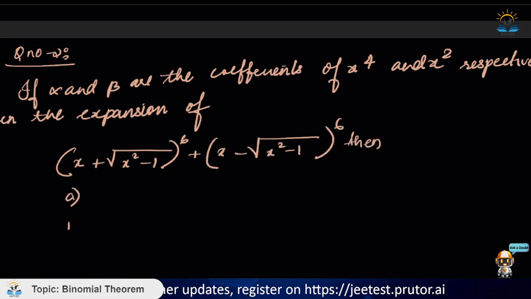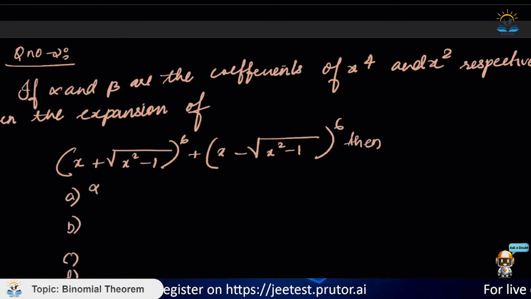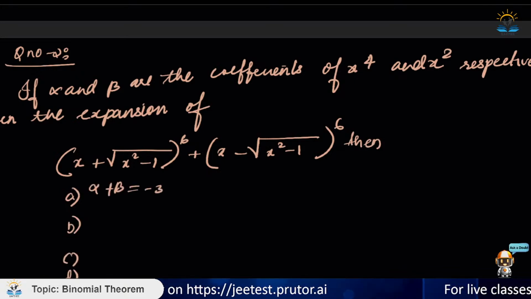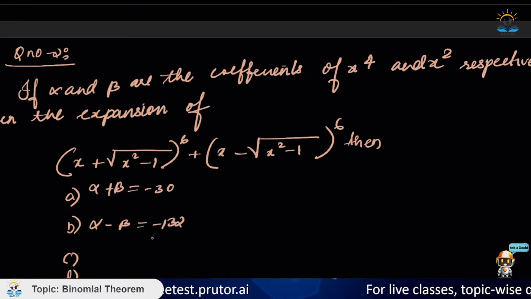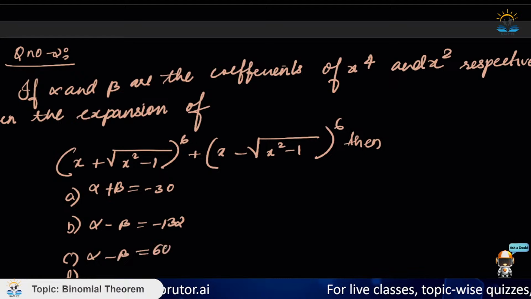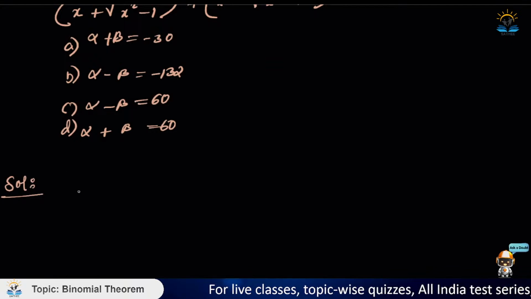A, B, C and D, they have given us 4 options. Alpha + beta = −30. Alpha − beta = −132. Alpha − beta = 60. Alpha + beta = 60. Okay, when we look at the solution here, what comes?